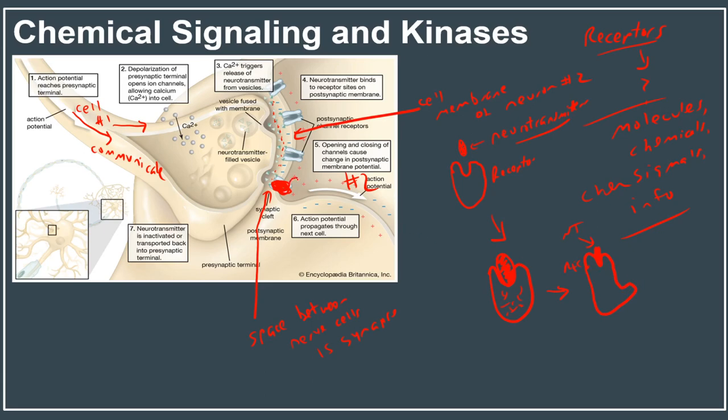So if I put the little foot sticking out of this receptor because it's now hearing the neurotransmitter, that change in state is again just chemistry, but already you can see the basics of sensing and responding. We're getting communication from things that were outside. The synapse is outside the cell.